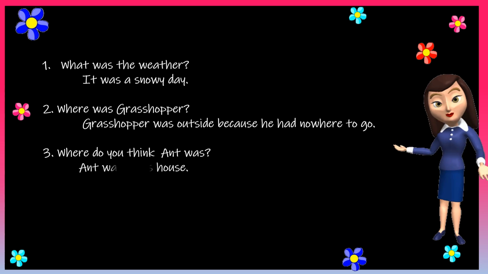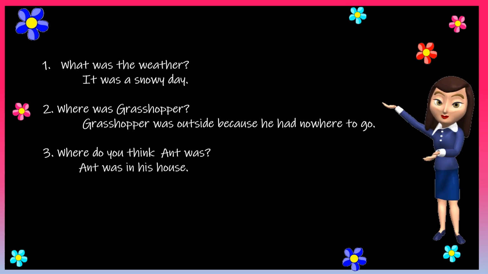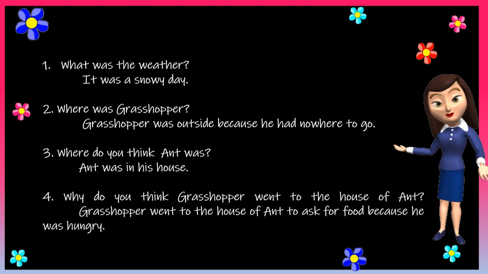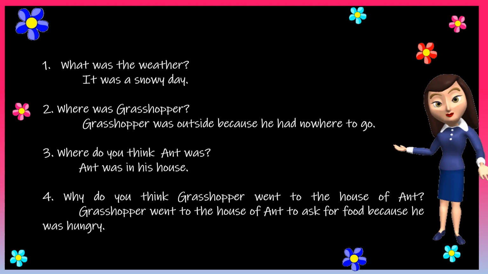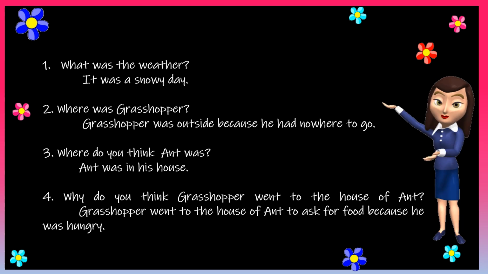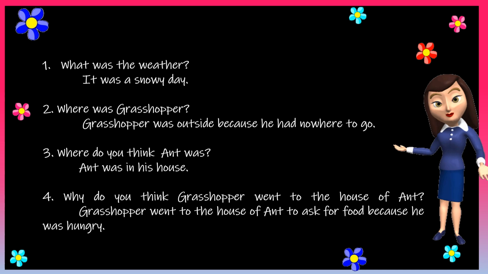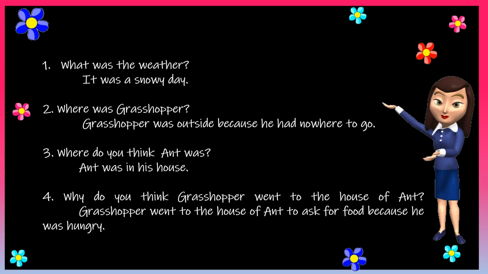That's very good. Ant was in his house. Number 4. Why do you think Grasshopper went to the house of Ant? Yes, Grasshopper went to the house of Ant to ask for food because he was hungry.